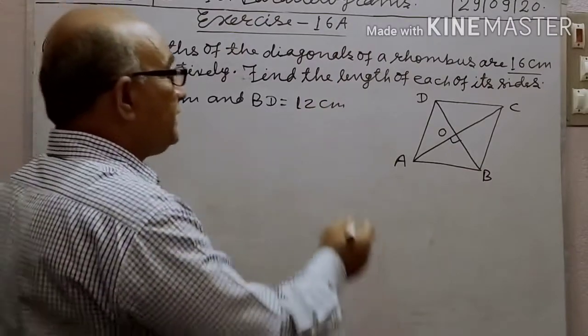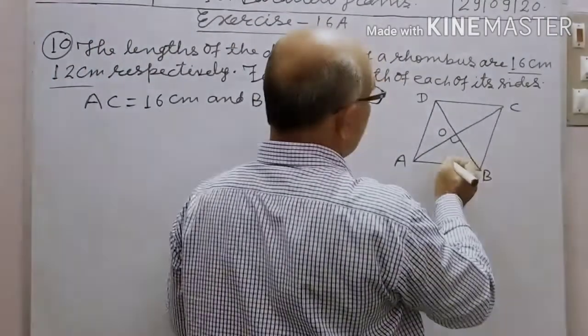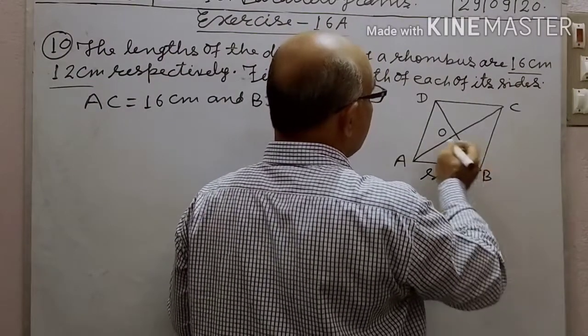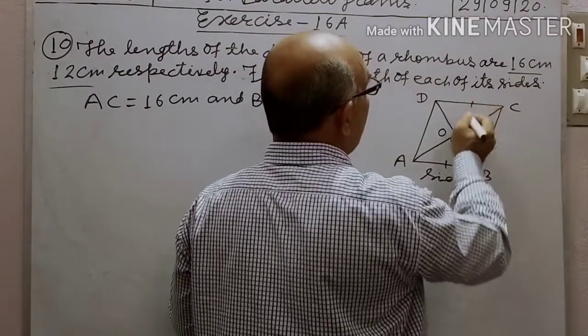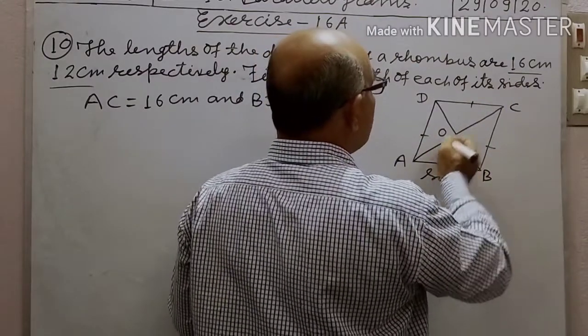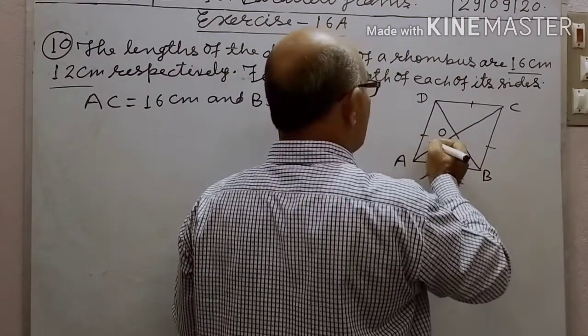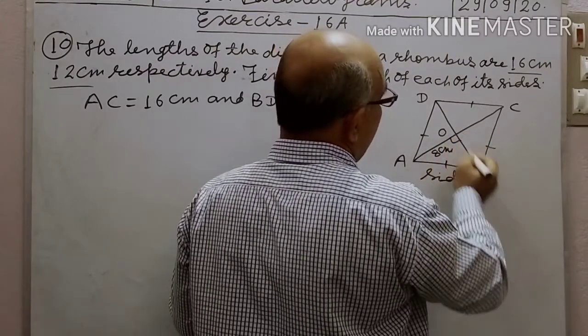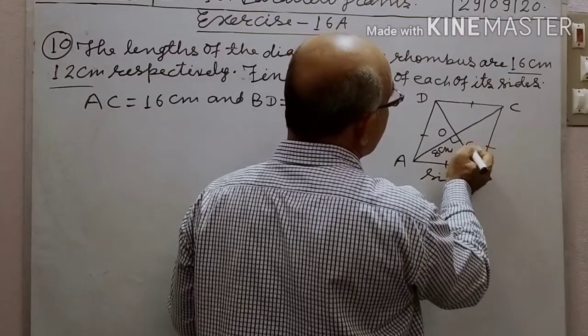All sides are equal. Diagonals bisect each other at right angle. So AC is 16 cm, so 8 cm, and BD is 12 cm, so it is 6 cm.